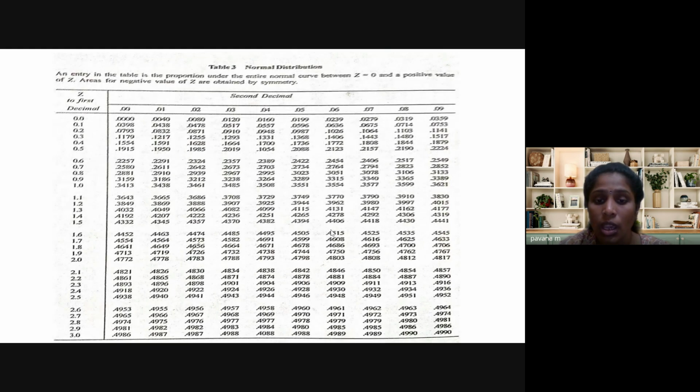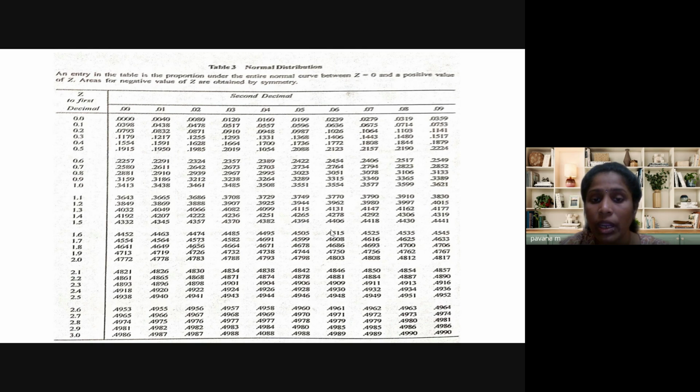Till now we had the Z value, Z is equal to minus 6.4. Now we have the area value. It is not the Z value, it is the area covered: 0.490. In the table you have to look in the middle values, not the column and row values.